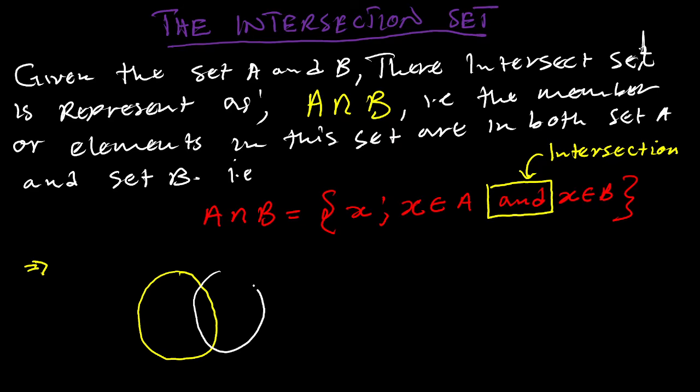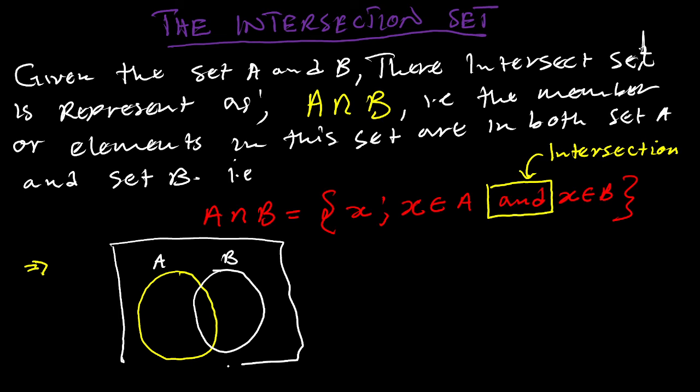Like this is a joint set. So this is set A, this is set B. When you talk of a joint set like this one here, the intersection set is this one in between here, your heart, which will be broken.